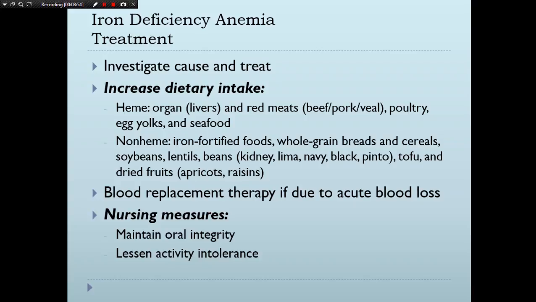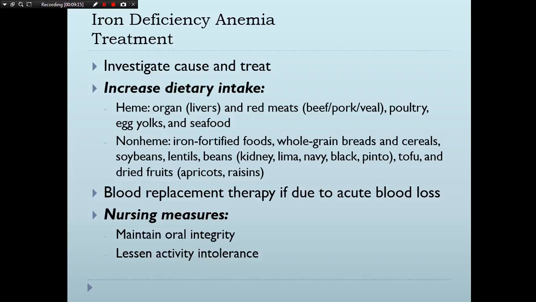So heme products are your best, but non-heme products might be encouraged in patients that don't eat meat. In the event that the anemia is severe, the patient is significantly symptomatic, and they have some coexisting diseases, we might consider doing a blood transfusion.